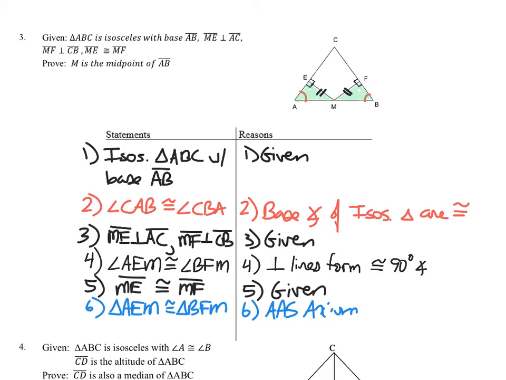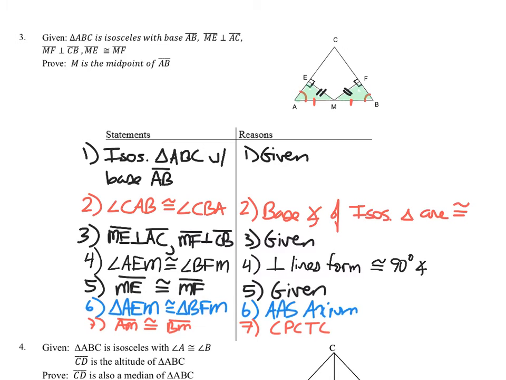I have to be able to squeeze in two more little statements here. All right. So I now know that this side is going to be congruent to this one. AM congruent to BM. And that's CPCTC.